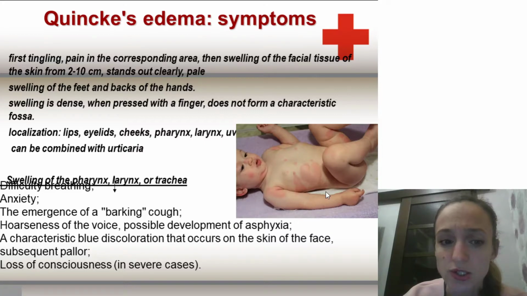Localization is the lips, eyelids, cheeks, pharynx, larynx, and it can be combined with urticaria. With swelling of the pharynx, larynx, or trachea there is difficulty breathing, anxiety, and the emergence of a barking cough.